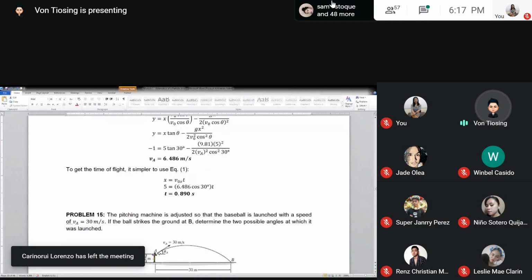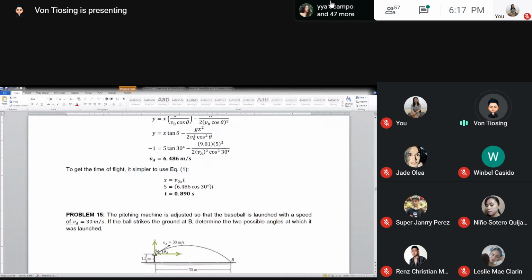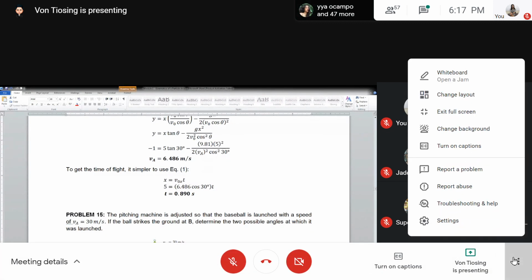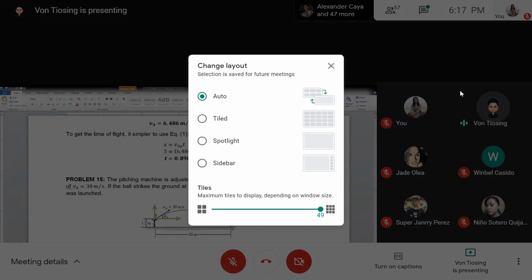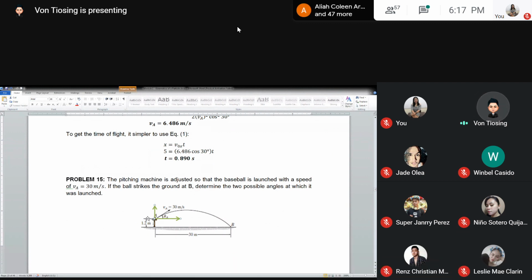Lagyan natin siya rito. Yan. So that lahat ng coordinates ng galing sa point A, mare-refer mo. No? So point B will be equal to what? Ano yung coordinate ng point B? That is 30, negative 1.2.